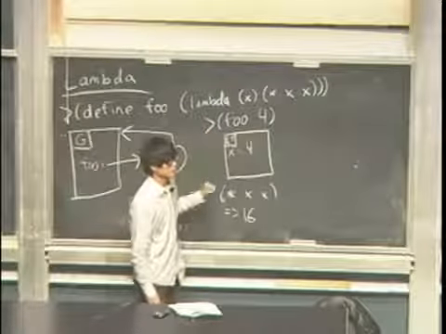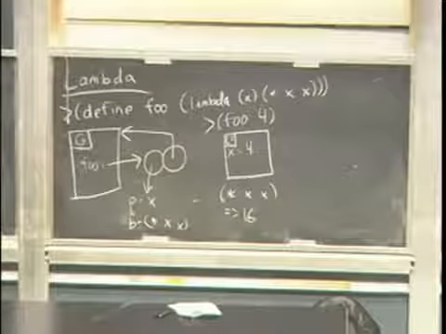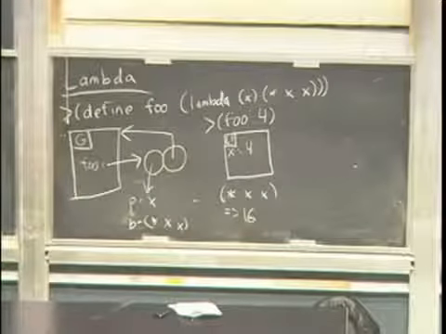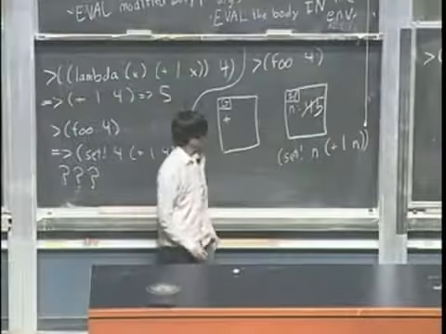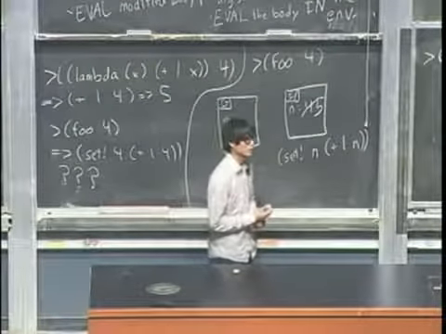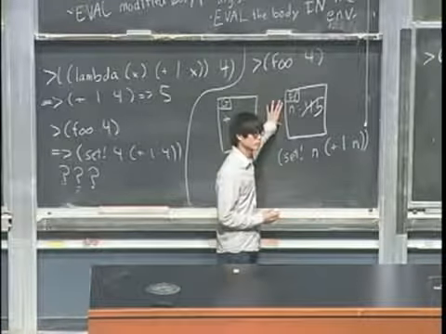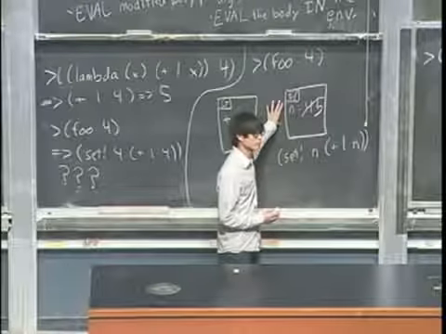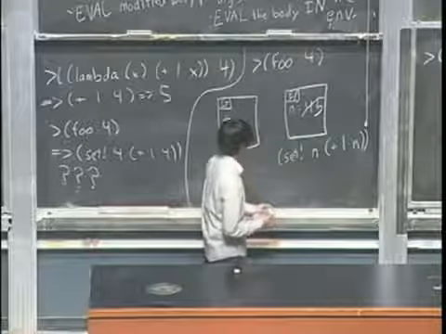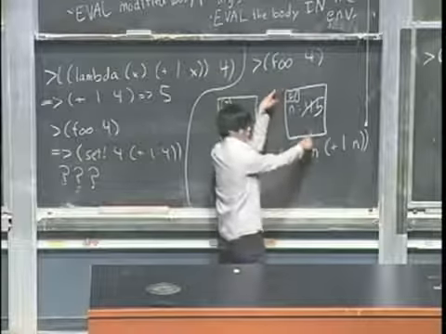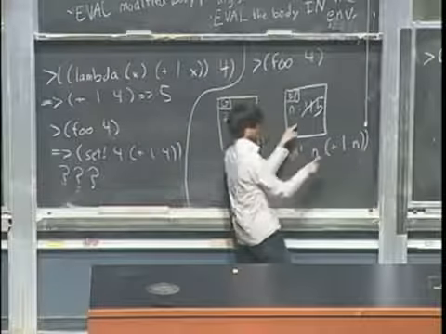Yes. Oh, right here. Could you repeat that question? The environment is actually the inside parentheses, the plus 1 n. Not quite. It's not that this environment is contained in here. It's rather that this expression is being evaluated within this environment.